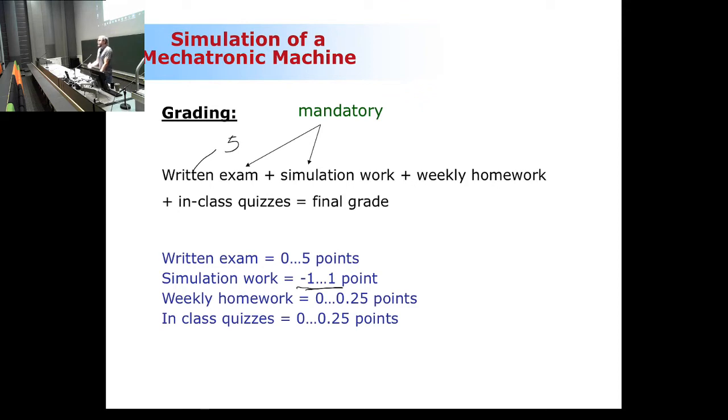Or if you're doing really good, we're going to add 1 more point to your written exam. Say that you're really doing good. So it's going to be 5 plus 1. And then weekly homework, you do all that, so you get 0.25, and in-class quizzes, that's 0.25. So what is this? It's going to be 6.5, which will be rounded up. So that's 7. Think about it.